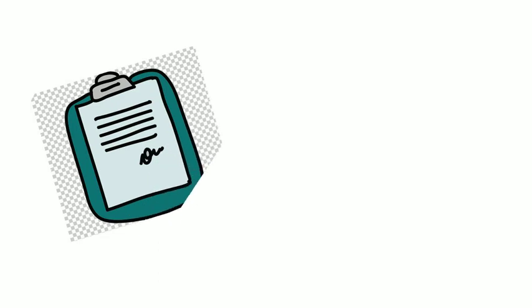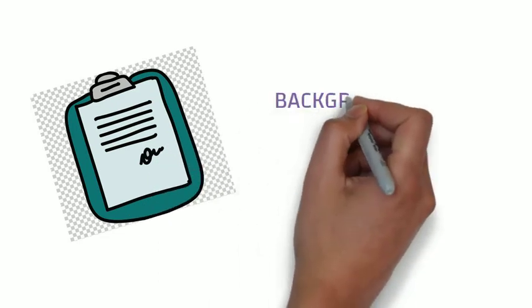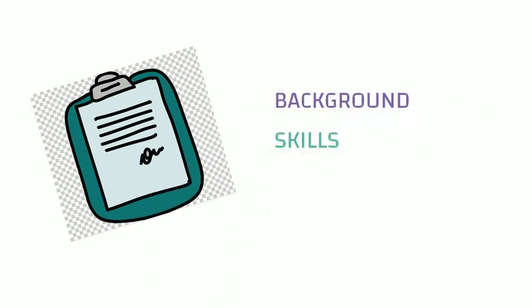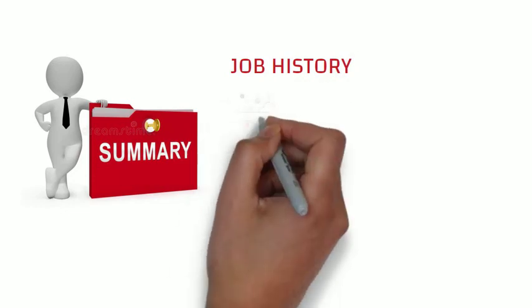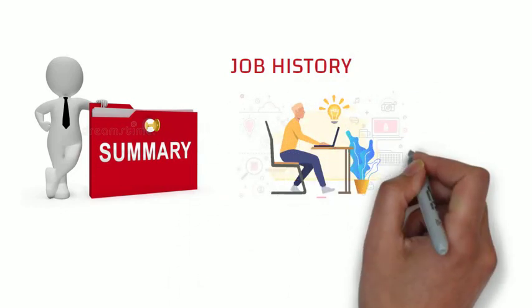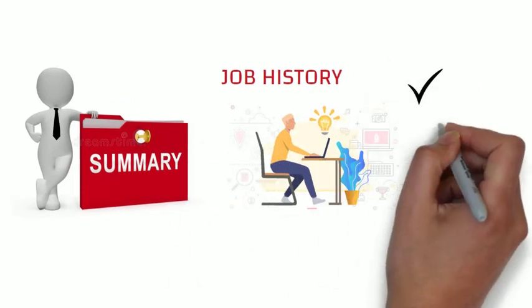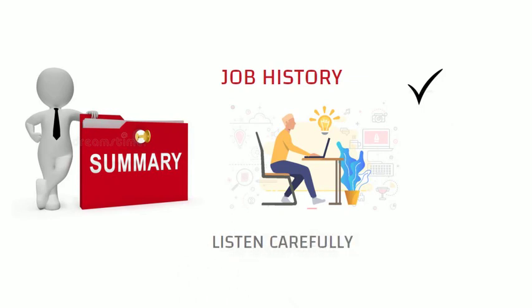Okay, so let's understand. A resume is basically a document that you write to present your background, your skills, and accomplishments. It's just a summary of your job history. You need to write your past job experiences that should be relevant to the job that you're applying for.